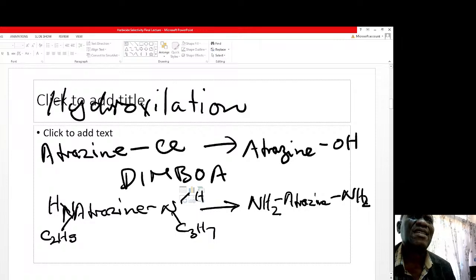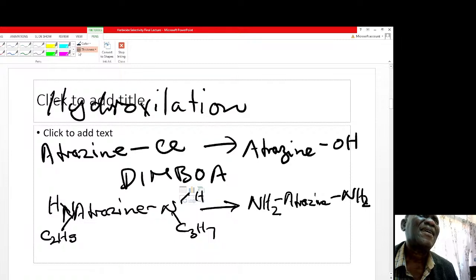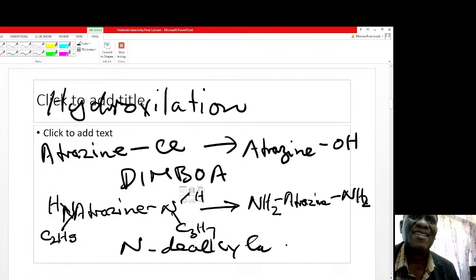So we have got hydroxylation, then this is what we call the N-dealkylation.